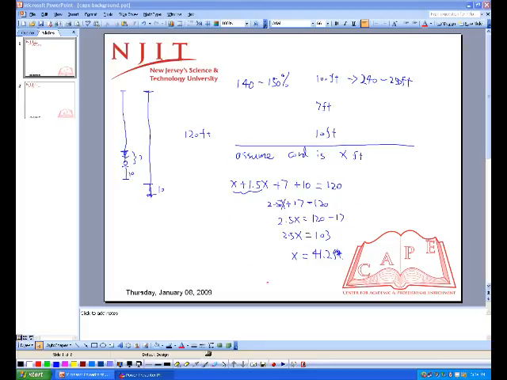Then the rest is just solving the equation, which is not so difficult. The part where most people get confused is the first step, where you convert the problem into an equation such as this. Many people don't know how to do that or have difficulty doing that.